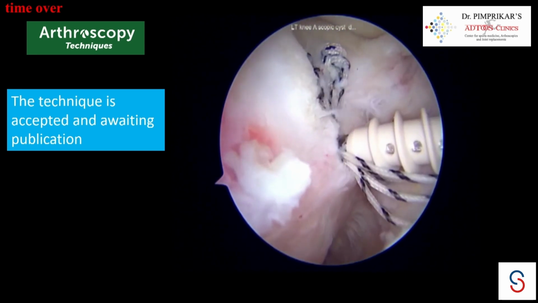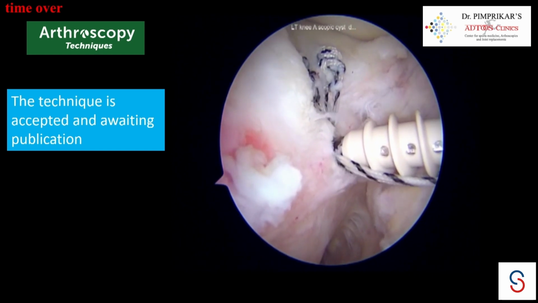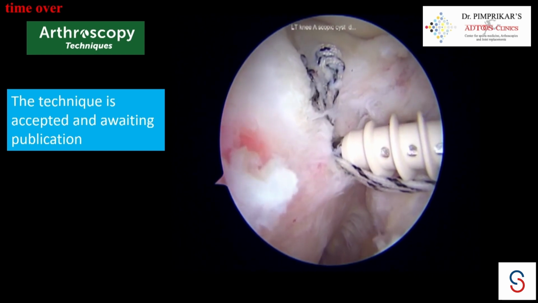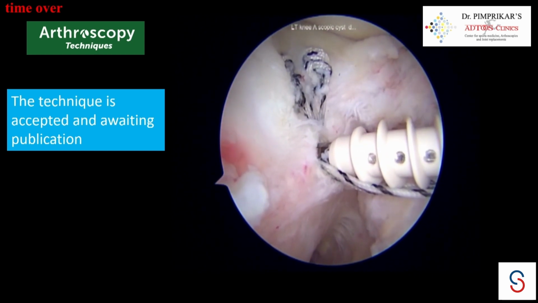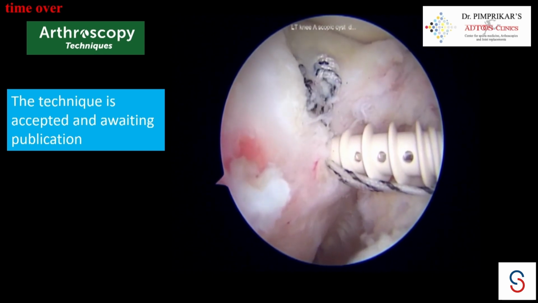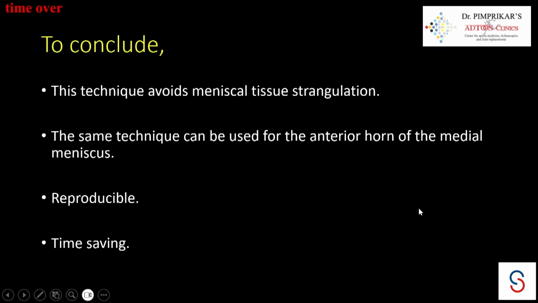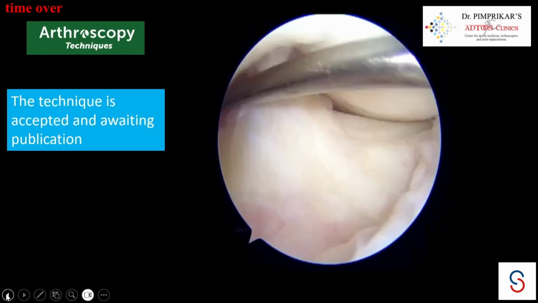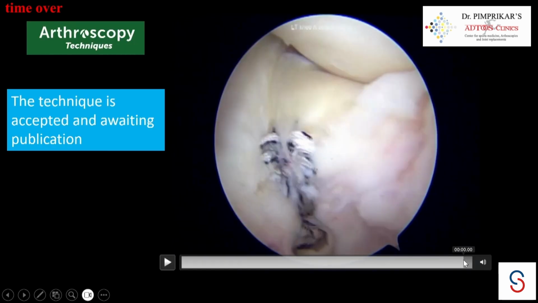So that was the technique. This is also submitted and accepted by Arthroscopy Techniques. That's a 4.75 knotless anchor which goes in, and that is the final repair. So thank you.